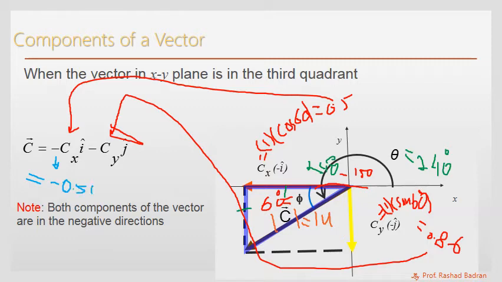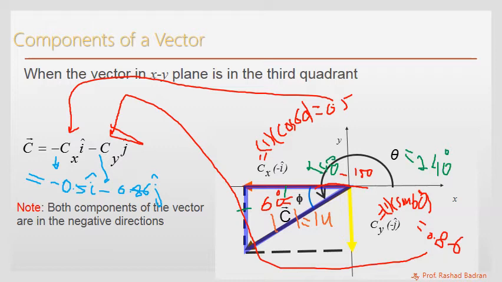Now this 0.5 is obviously accompanied with the i hat, and then you just drop again down the minus sign for the y component, where its magnitude as found is 0.86, then with j hat. And here we are. We got the final representation of the vector in terms of i hat and j hat.